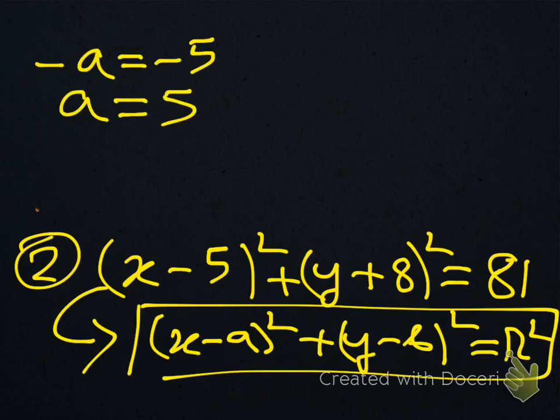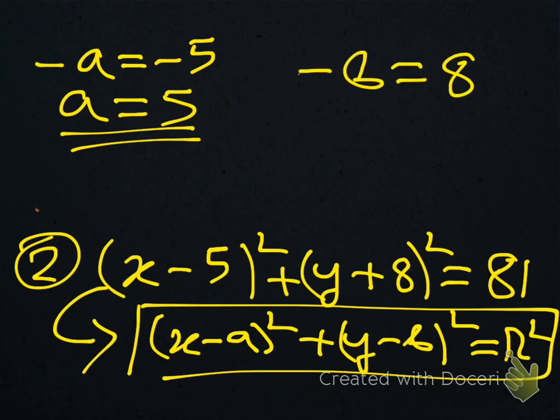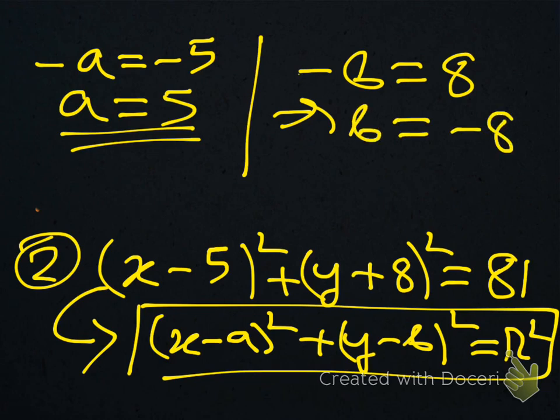Now minus b is equal to 8, so we can say that b is equal to minus 8. So a is 5 and b is minus 8, and the center is (5, -8).